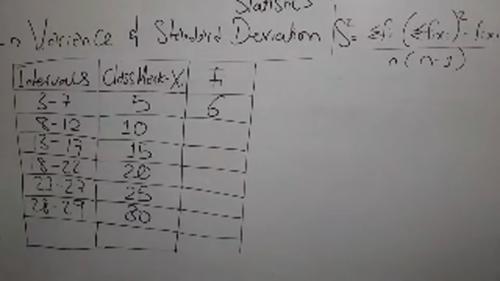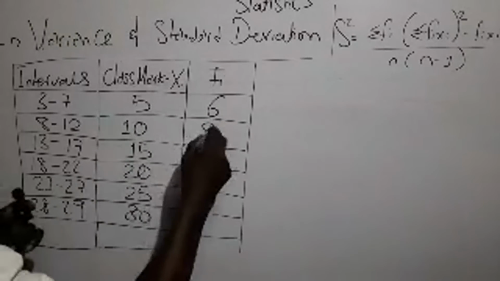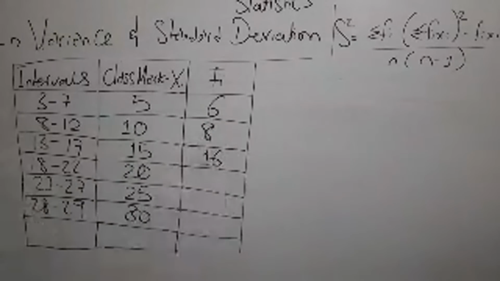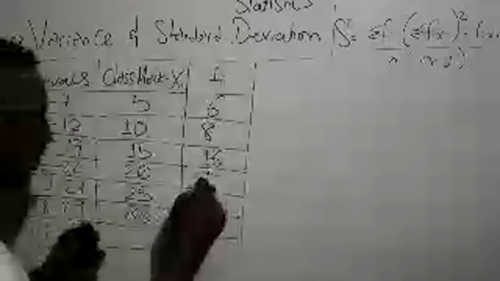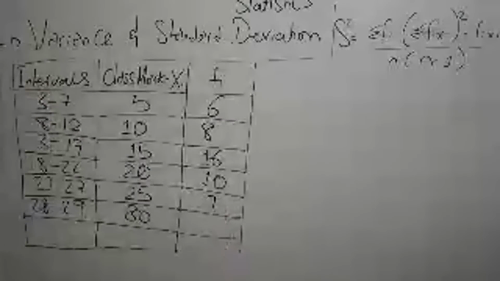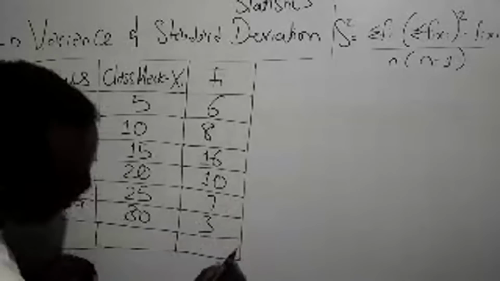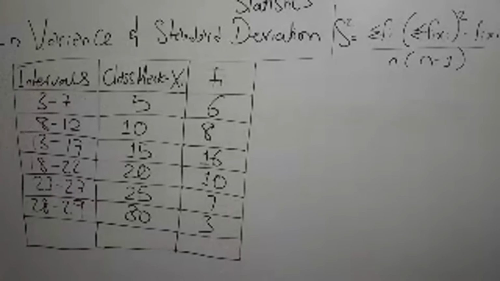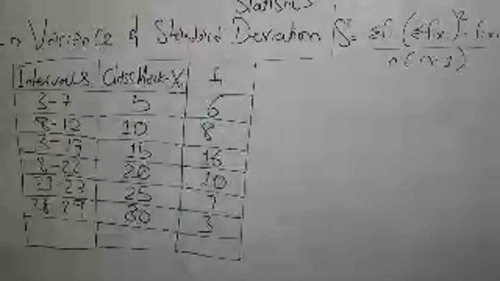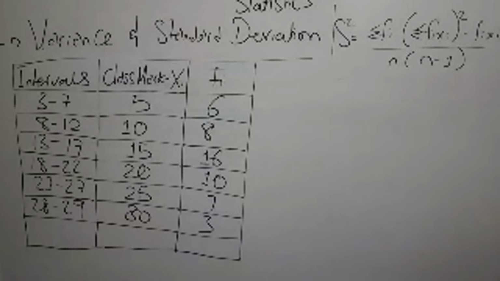So we have 6, we have 8, we have 16, we have 10, we have 7, we have 3. So what are we supposed to do to the frequency? What do we usually do to frequency?